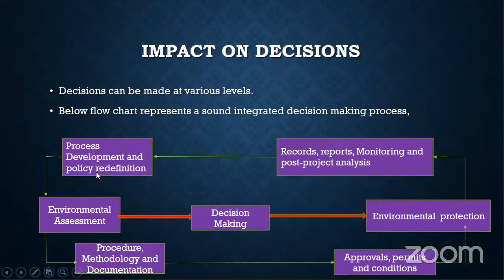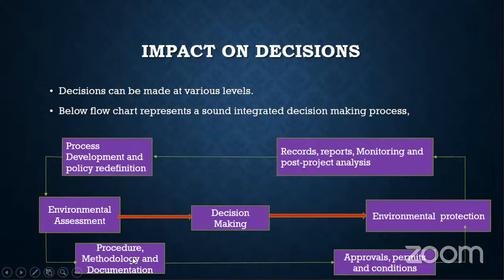So the process development and policy redefinition goes to the environmental assessment. If the environmental assessment is fully completed, then we will have some decision making. In the environmental assessment, we need to account for the procedure, methodology, and documentation. We need to prepare a document, and complete information is to be included in this documentation.